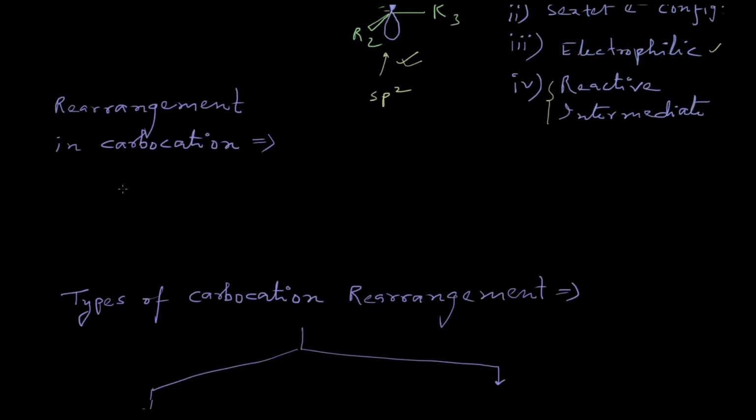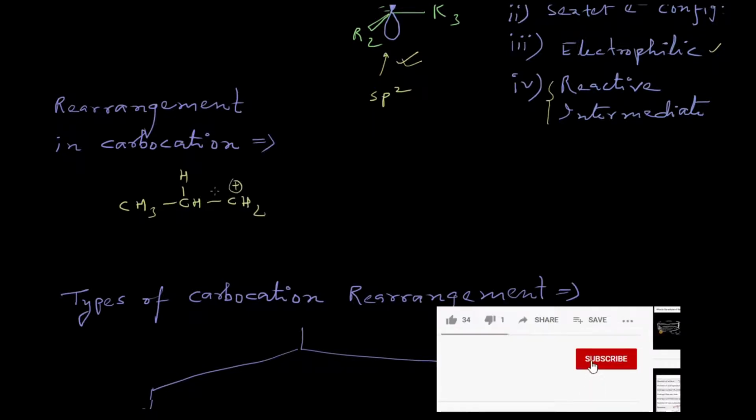So what is actually carbocation rearrangement? Suppose we have this carbocation. So this is a primary carbocation. It is highly unstable.